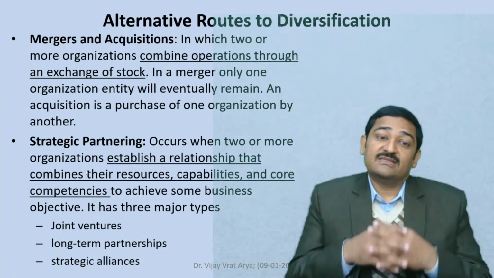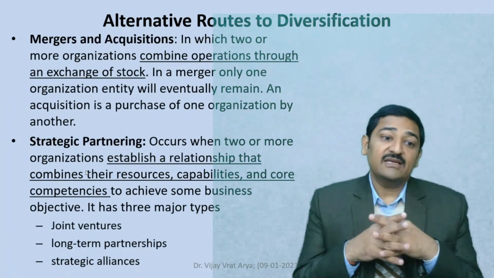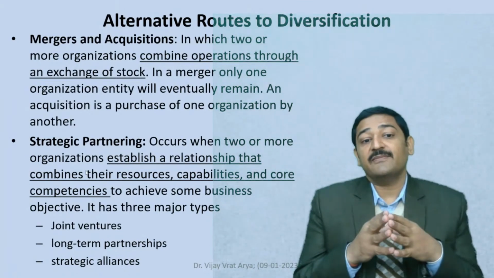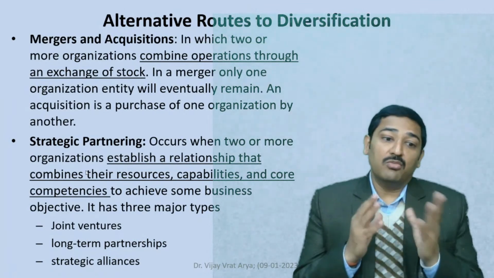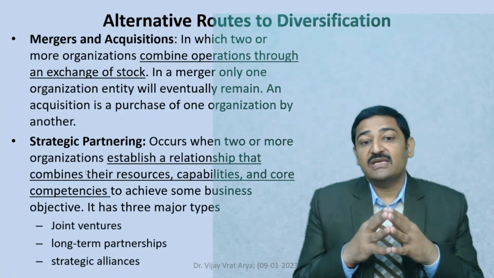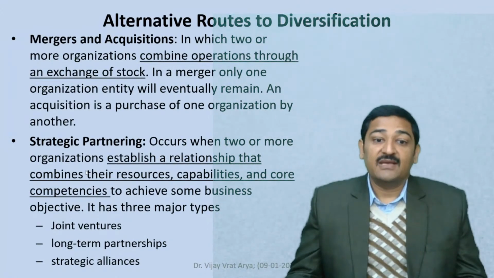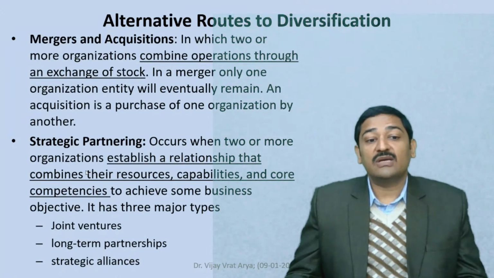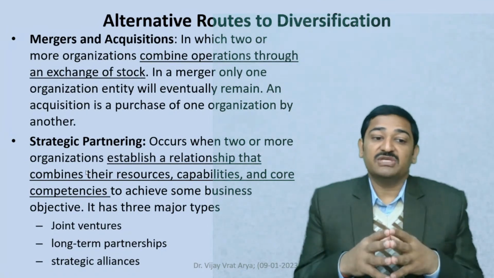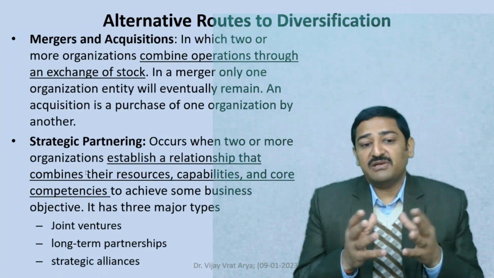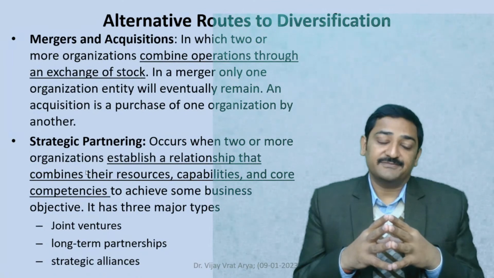If you refer to the second type of alternate routes in diversification, then it can be strategic partnering, where it occurs when two or more organizations establish a relationship that combines their resources, capabilities, and core competencies in order to achieve some business objectives, which has primarily three major types of such strategic partnering.